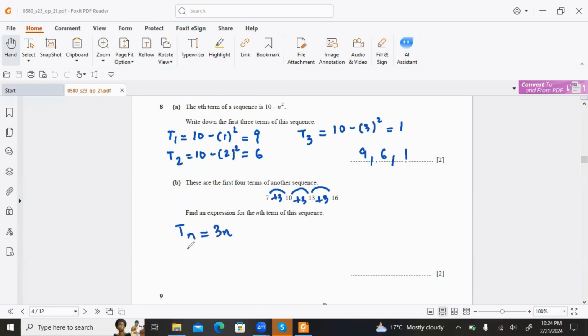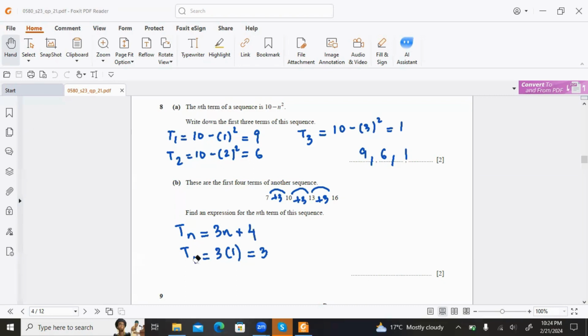So let's start by assuming that the nth term is 3n. So T1 would be 3 times 1, which is 3. Since the first term is 7, that means 3n cannot be applicable, because if we use 3n, the first term we get is 3, not 7, which means in order to turn 3 into 7, we need to add 4 to 3n.